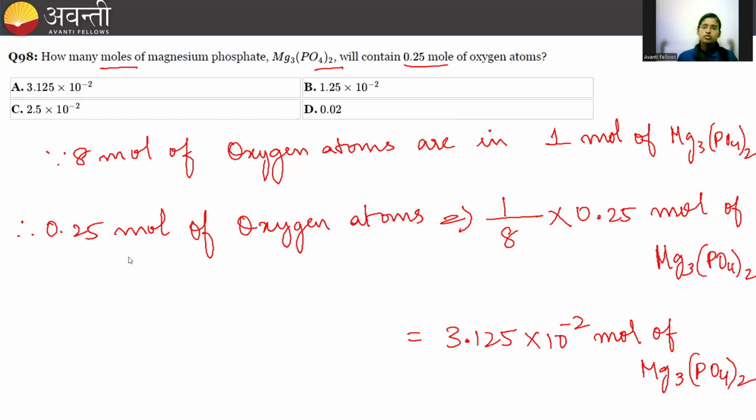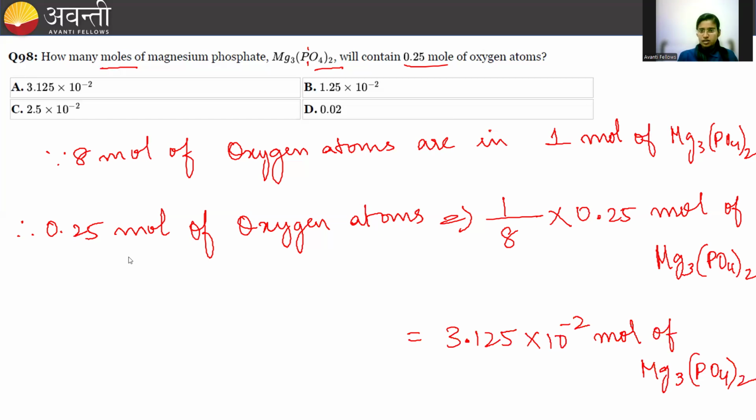Suppose they are asking you to find out for phosphorus, how many moles of phosphorus we have in this? We have 2 moles, because it is 1 into 2. What we need to do? 2 moles of phosphorus atoms are in 1 mole of magnesium phosphate. 0.25 mole of phosphorus atom will be present in 1 by 2 into 0.25.